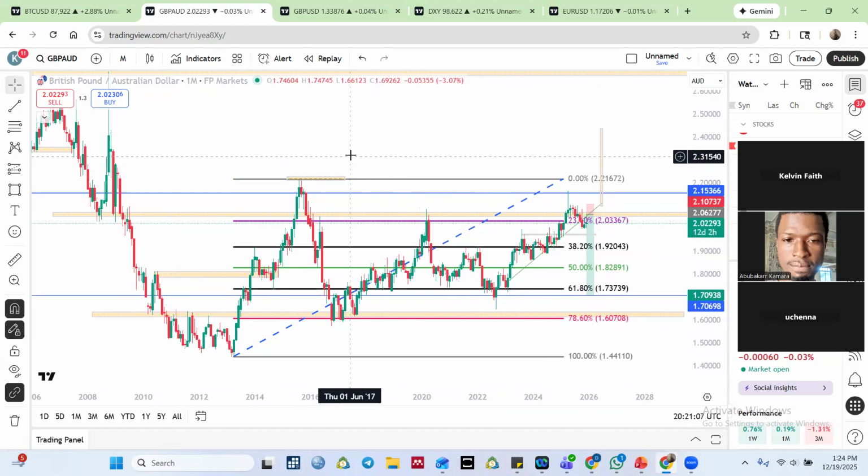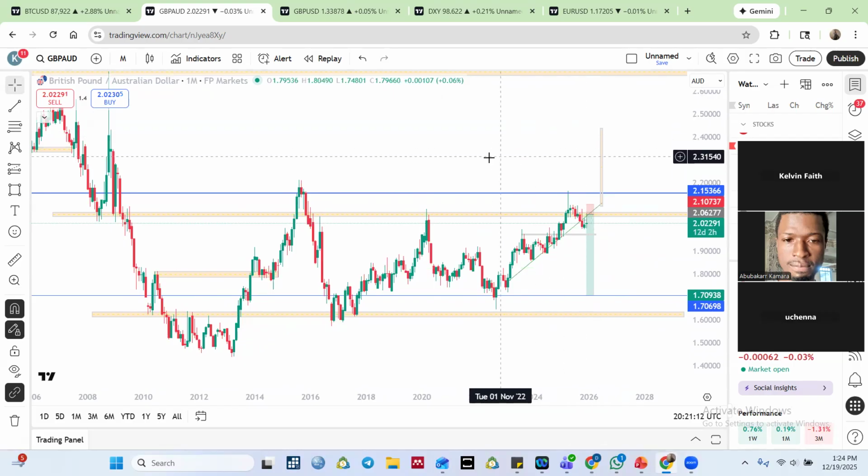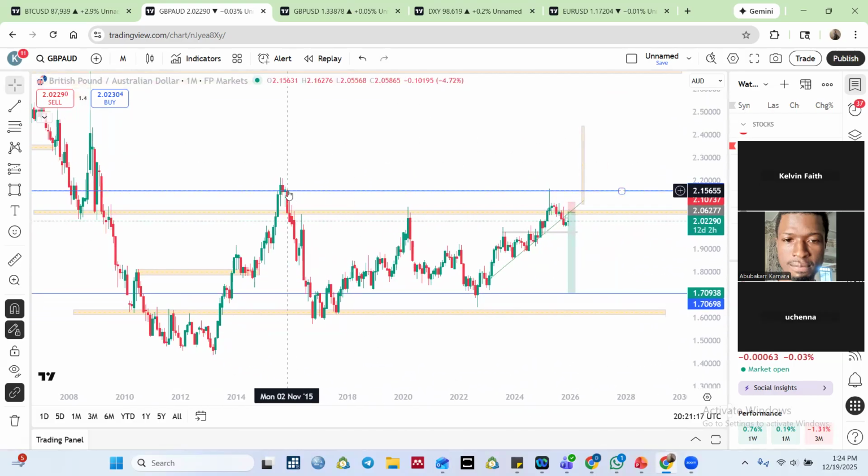But do we have a new high? Do we have a new higher high after dipping down to discount? No. So this is one thing we should be expecting.